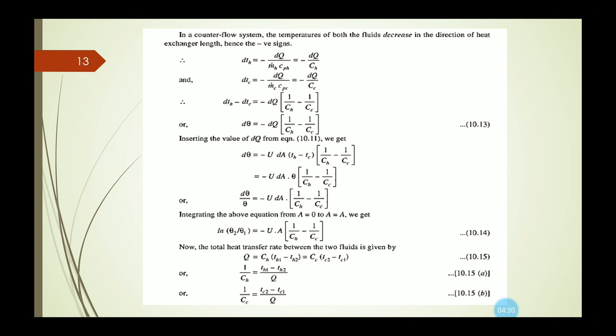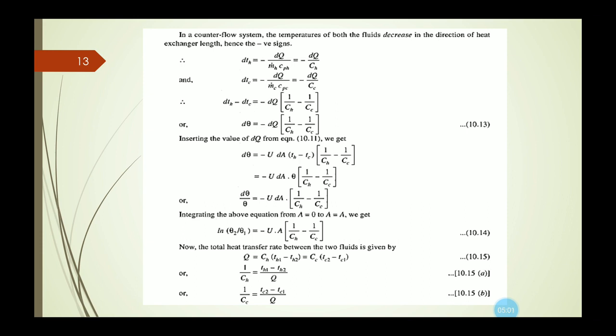That means they enter and get out of this heat exchanger at opposite ends. And we have seen also that due to this counter flow nature, such heat exchangers give the maximum rate of heat transfer for a given surface area, and that's why they are mostly favored compared to the parallel flow heat exchanger nowadays. So this is the concept of the counter flow heat exchanger that was already discussed earlier.